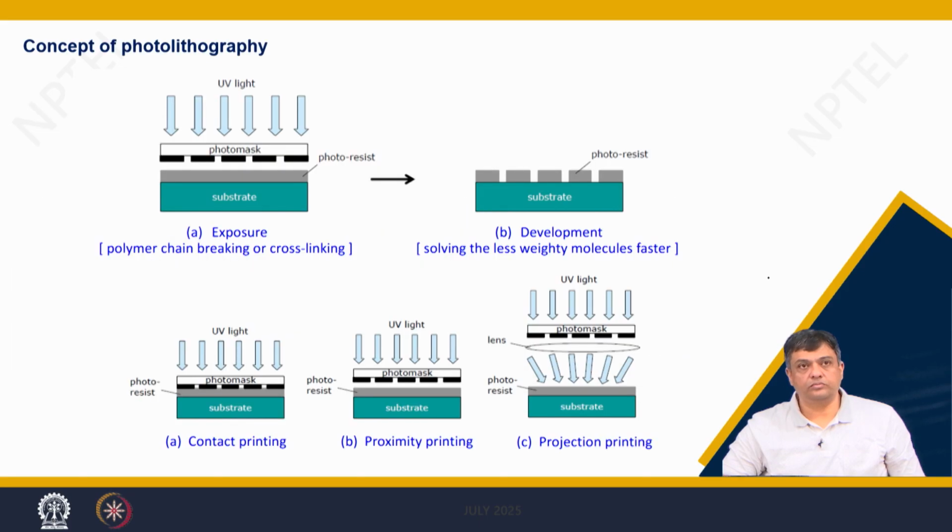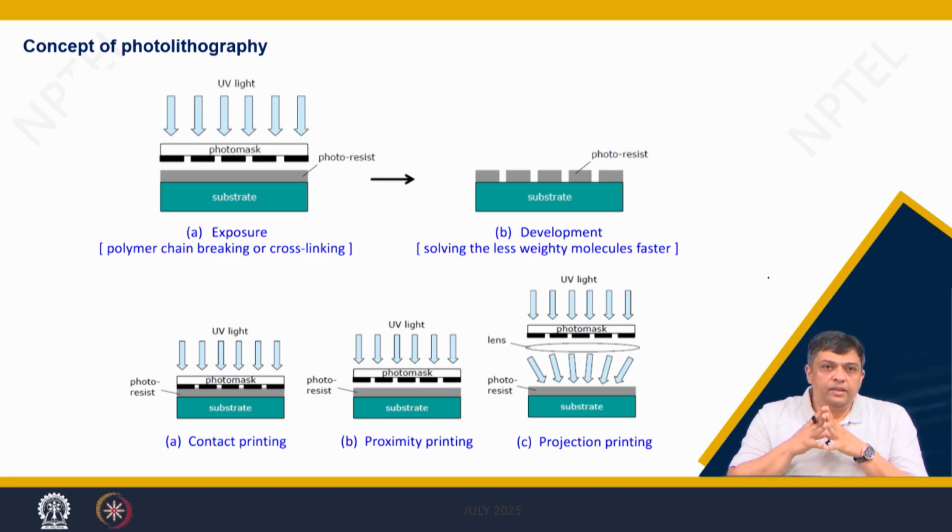Then you expose it to light, then develop the pattern, etch out the exposed area, remove the photoresist, and you will get the patterns. Similarly, you can then talk in terms of metallization on the substrate by lift off. So, the same thing you can talk in terms of some kind of pattern metallization.